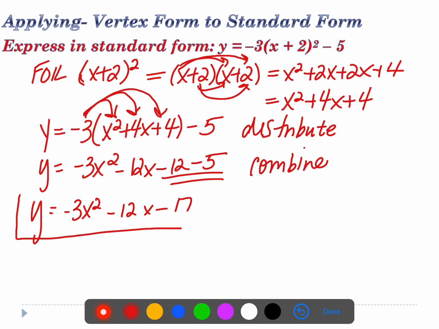And there we have standard form, ax squared plus bx plus c, of that equation.